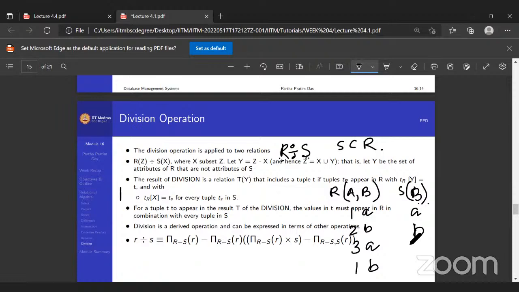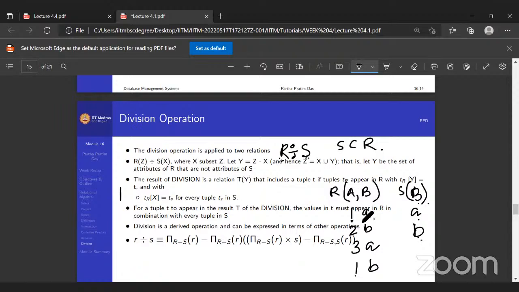Suppose you take S as the course table. The course table has the A course and the B course, and the other column is simply the student ID, and these are the courses taken by the student, right?